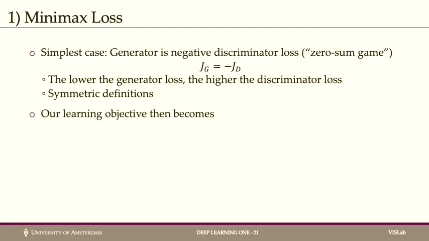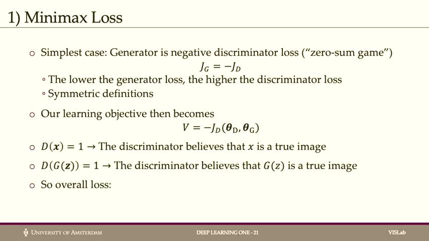And then the learning objective is this one. That's why it's called minimax: the discriminator tries to maximize its loss, that's the first part, maximize over D of J_D, and then the generator tries to minimize that thing. And that's how you get a min-max loss.